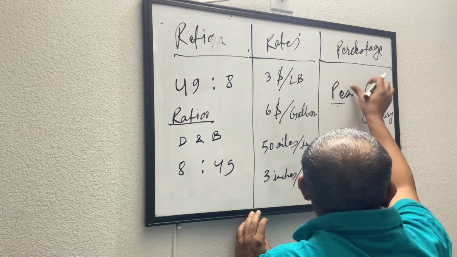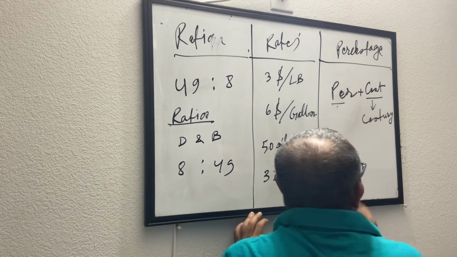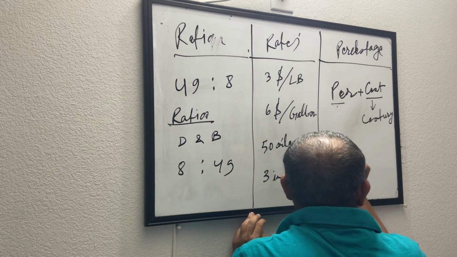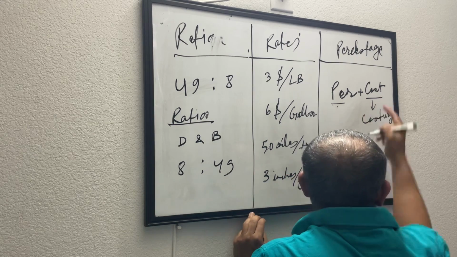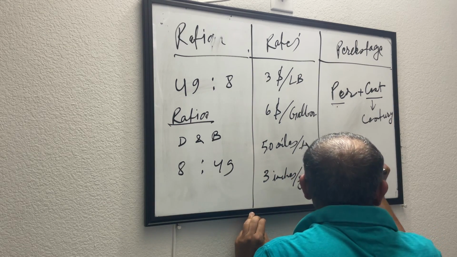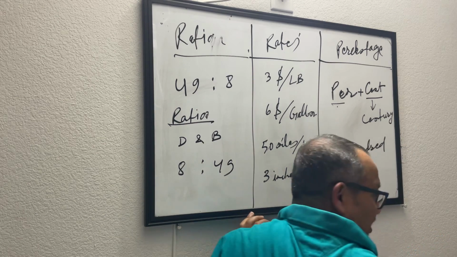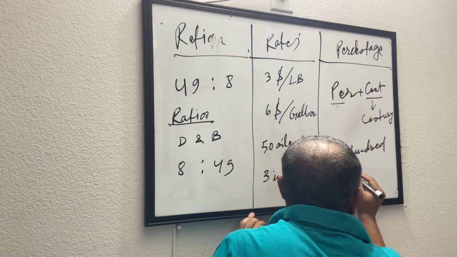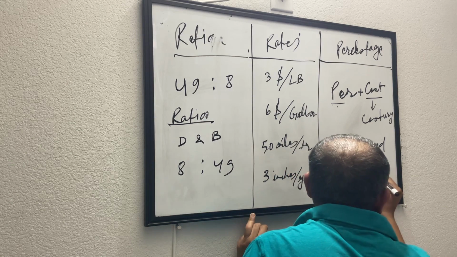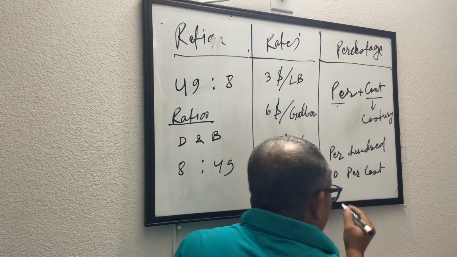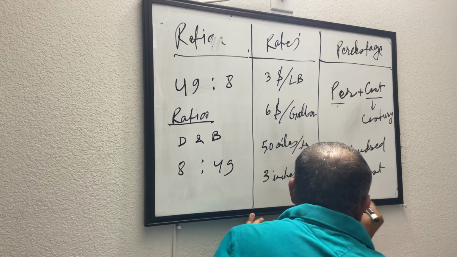Now per, this is not 10, this is per 100. Percent means per 100. So if I say 10%, how can I write this? 10 per 100.